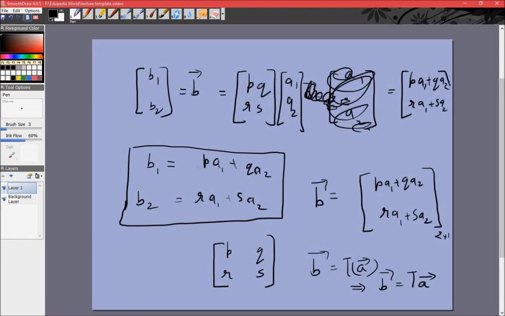I'll just repeat what we've done till now for clarity. We wanted representations of a linear transformation.